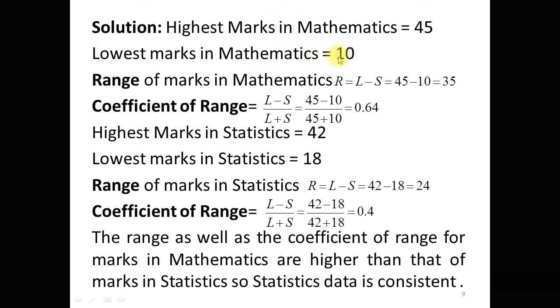Largest minus smallest, 45 minus 10, is equal to 35. So the range in the marks of mathematics is 35. Now the coefficient of range for the marks of mathematics: L minus S divided by L plus S. So 45 minus 10 divided by 45 plus 10, which is equal to 0.64.